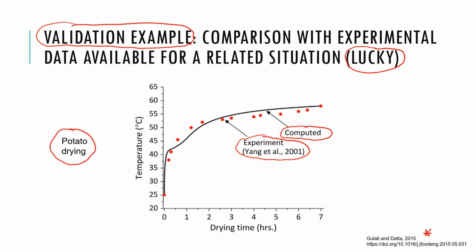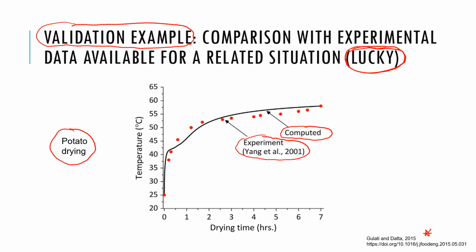By matching the experimental conditions, then we can try to do a good comparison between the model and the experiment. So that is also lucky because those experimental data were already available. But it's not super lucky because it's not exactly for the same situations that we need.